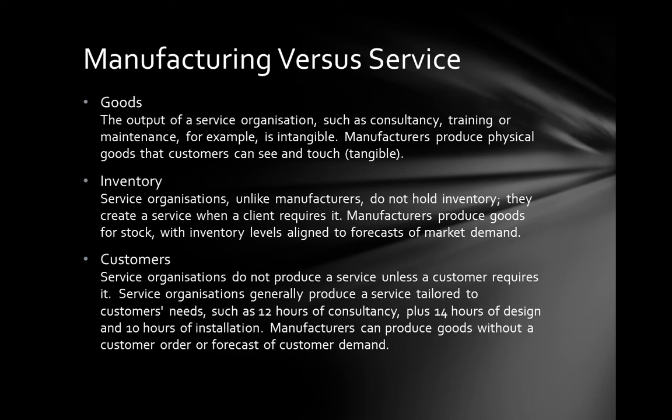Manufacturers produce physical goods that customers can see and touch, which is tangible. Inventory. Service organisations, unlike manufacturers, do not hold inventory. They create a service when a client requires it. Manufacturers produce goods for stock with inventory levels aligned to forecasts of market demand.